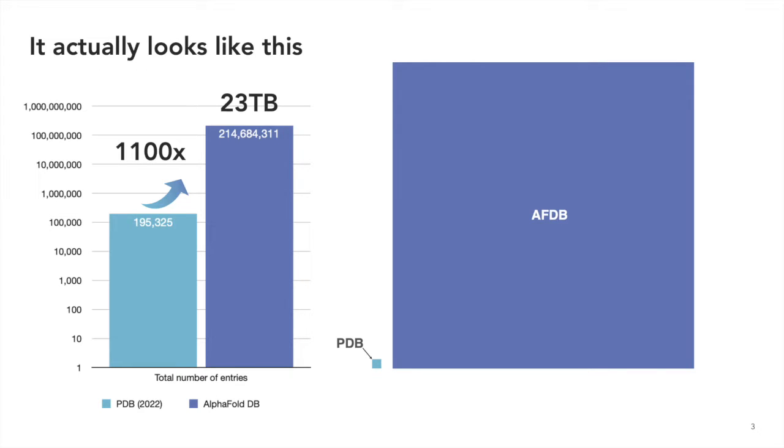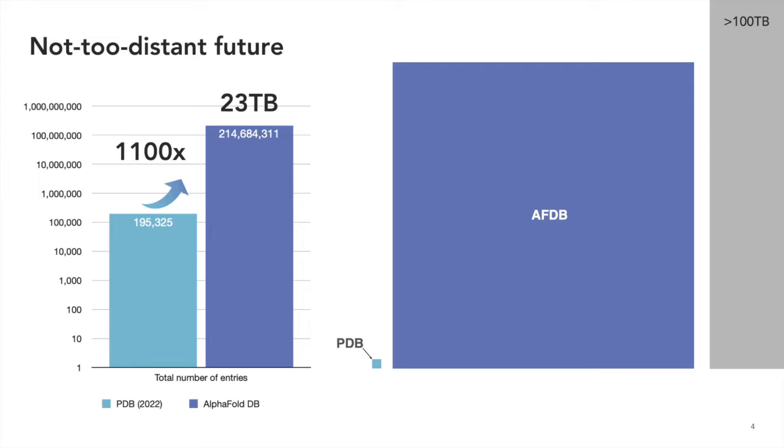It actually looks like this, and as you can see at the left bottom, PDB looks like this, and compared to the AlphaFold-DB, it's quite small. We are facing a never-before-seen size of structure database. In the not too distant future, we'll have over 100 terabytes of database with billions of entries.